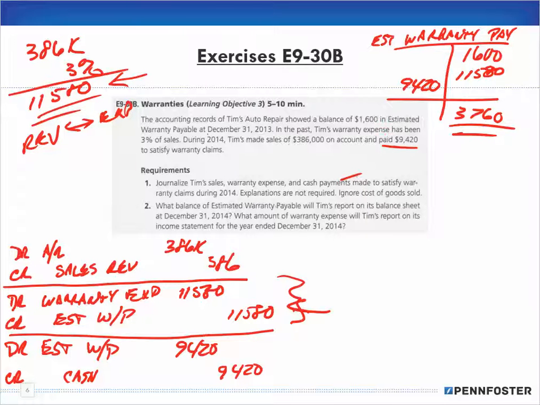And you're going to do this as a cyclical recurring process. I have this balance.